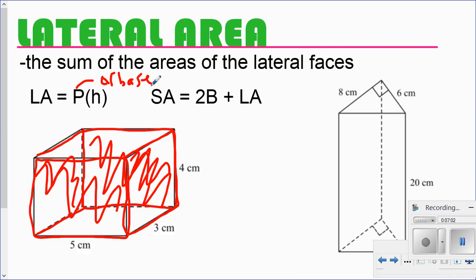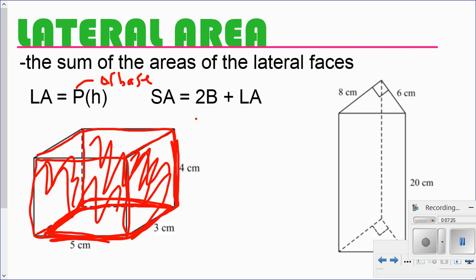Well, our base is a rectangle. So we'll find the perimeter of that base and multiply it by the height of the prism. It'll be a little bit quicker to find the lateral area rather than the way that we did the surface area earlier.